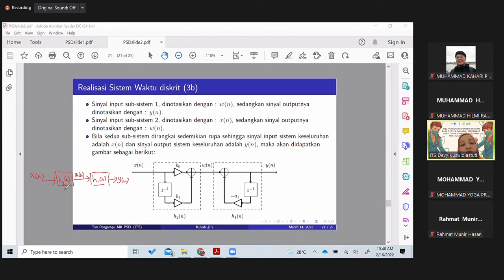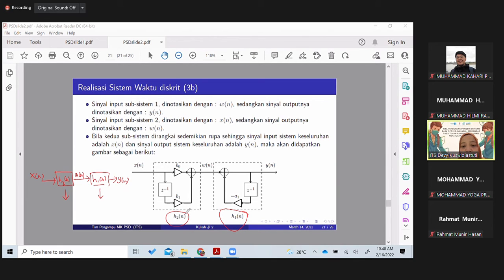Then you need to make a diagram based on the equations of the first and second subsystems. This is the second subsystem and this is the first subsystem.